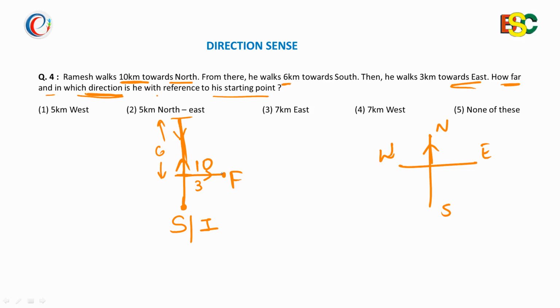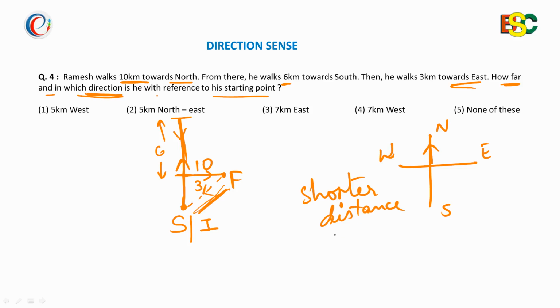First of all, as he reaches here, he can follow this path to reach the starting point. The second distance he can travel is this, and definitely this distance is shorter than this distance. So we'll always consider the shorter distance in such type of question.